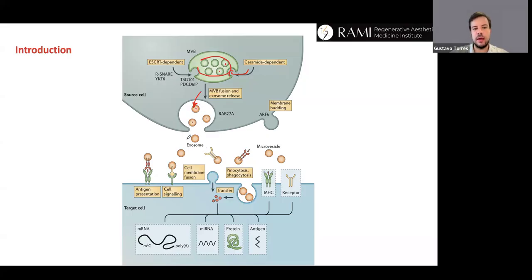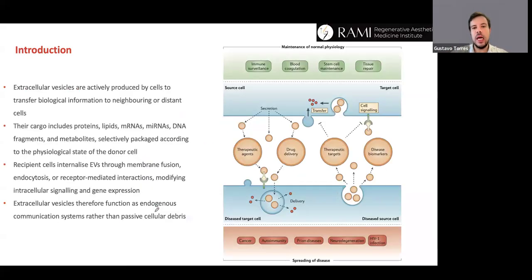And this is going to either directly go to another cell and signal to that cell simply by binding a receptor outside the cell, or in some situations, it might enter the cell and deliver the content, either RNA, proteins, or antigen. This is how these things make communication between cells.